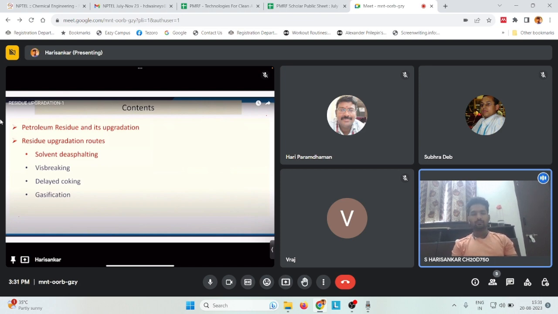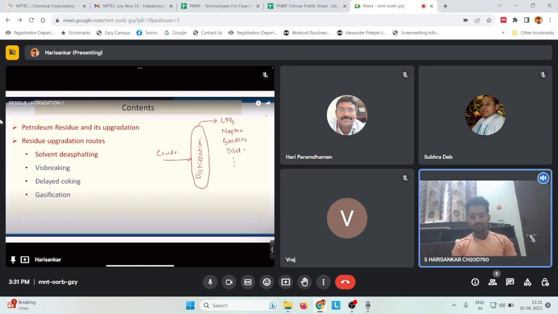Okay, so now that we have looked at the upgradation and everything, there is one fraction from the distillation column called residue. So let's say we have our crude oil here, and this is a distillation setup. In a distillation column, we give in crude oil and we get LPG, naphtha, petrol or gasoline, diesel, and so on.